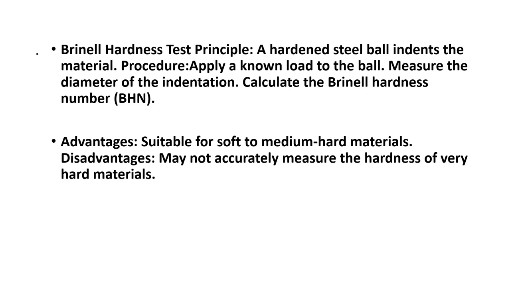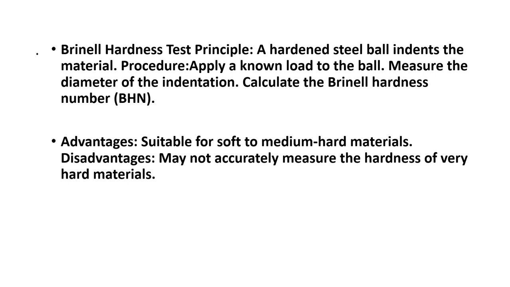Advantages. This Brinell hardness test is important and has some advantages, like it is suitable for soft to medium hard materials. The Brinell hardness number is very suitable for soft to medium hard materials, that is, hardness of near about 20 to 200 BHN.